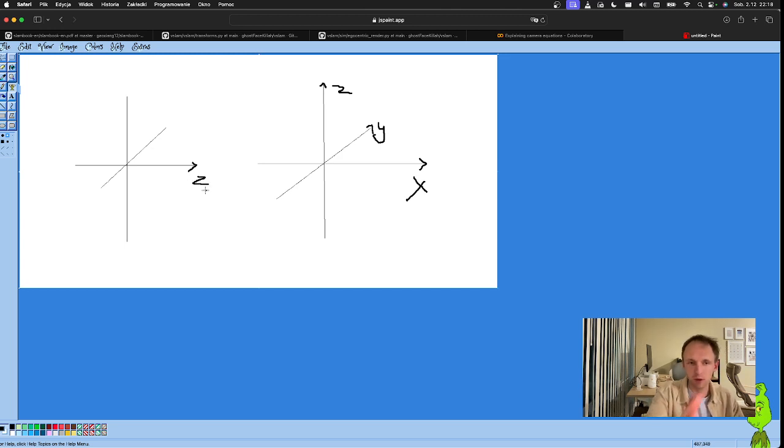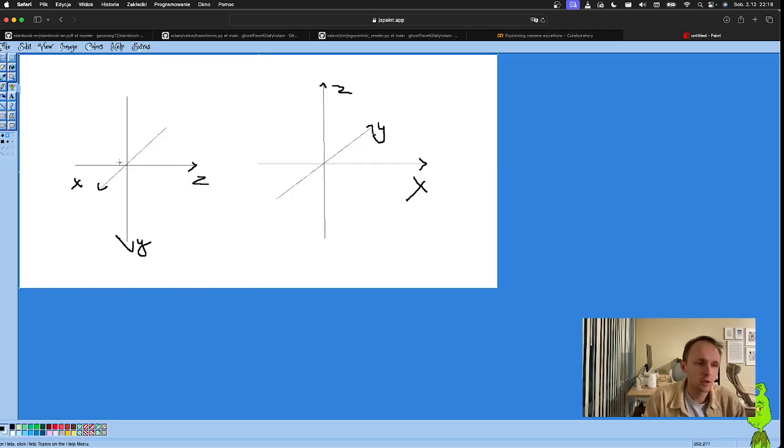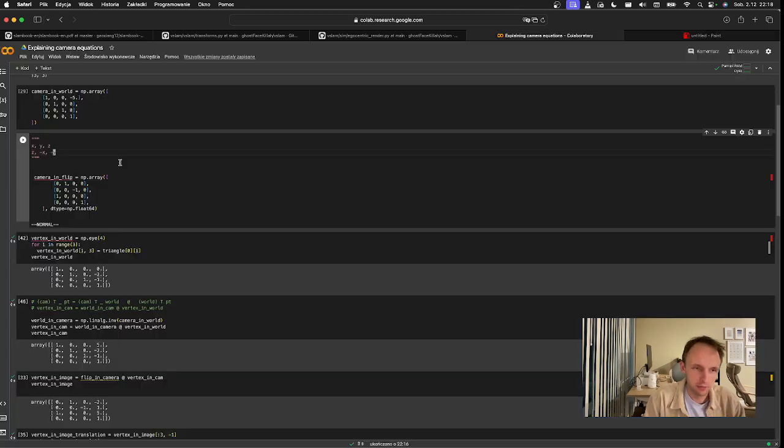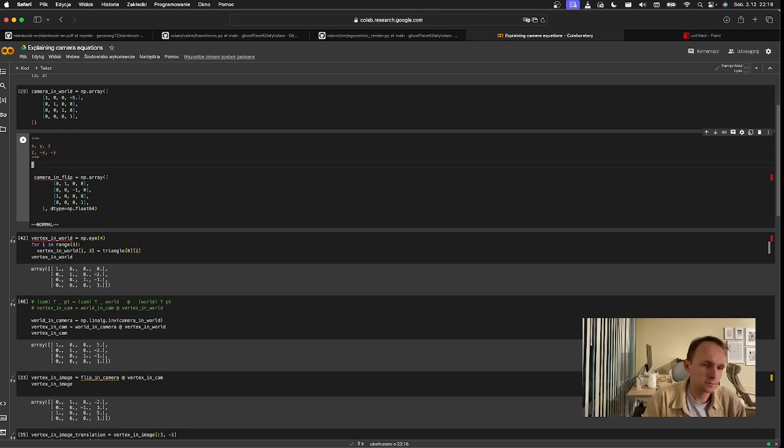It points away from the camera, and then x points to the right, and then y points down. So the picture is like this, right? Yeah, so x becomes z, y becomes negative x, and then z becomes negative y, right?